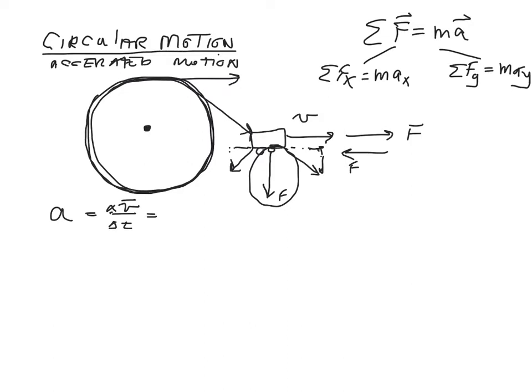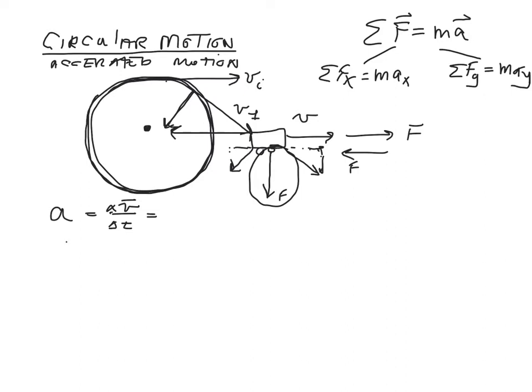So if we take v final as a vector, and we take v initial and make it negative, it would be this way, then you see that v final minus v initial is this vector. Now because of the way I drew it, it doesn't come out exactly right, but you see the acceleration vector is pointing toward the center.